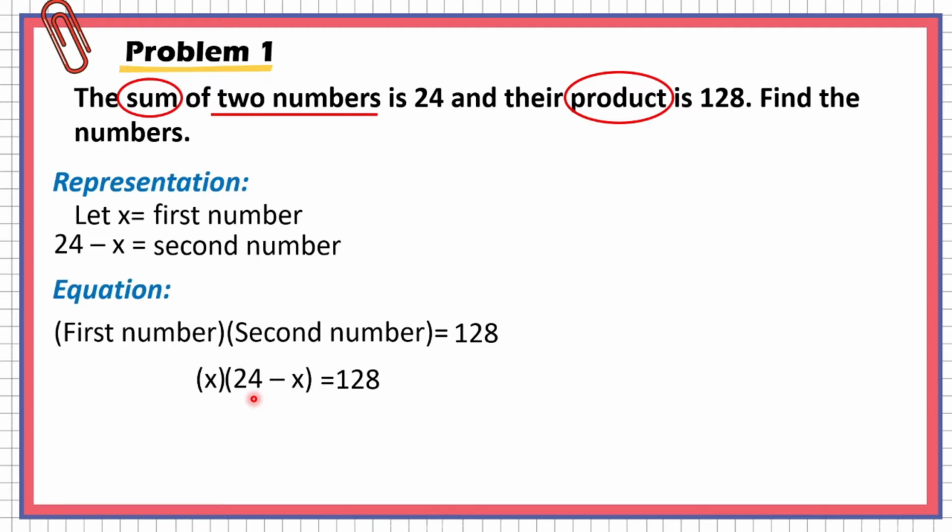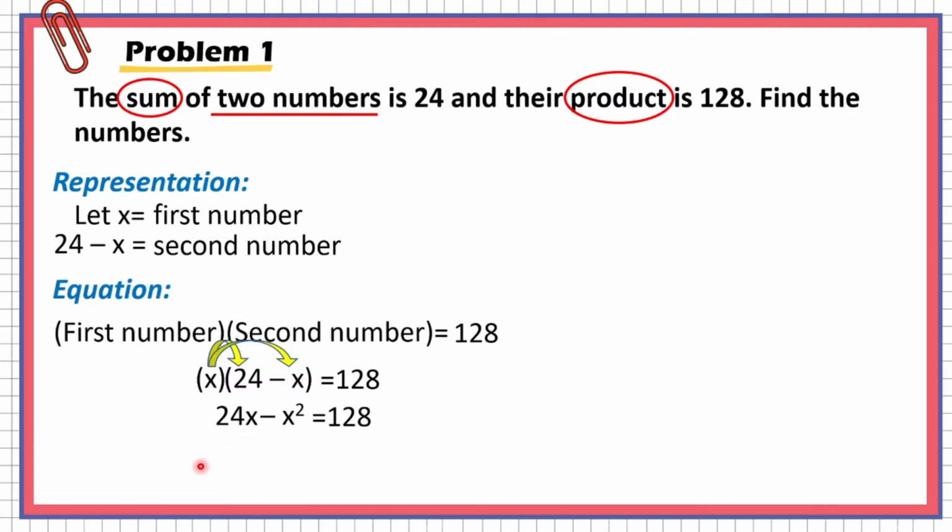So, by distributive property, i-distribute natin si x sa 24 minus x. So, x times 24 is equal to 24x. Then x times negative x, that is negative x squared. Then copy is equal to 128. Next, we're going to arrange this equation by term.